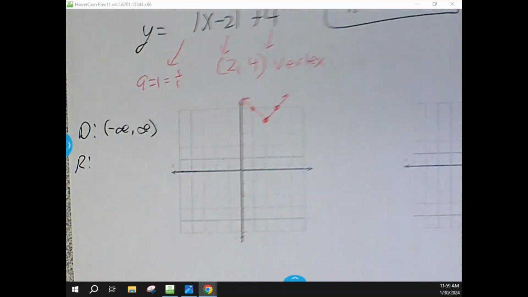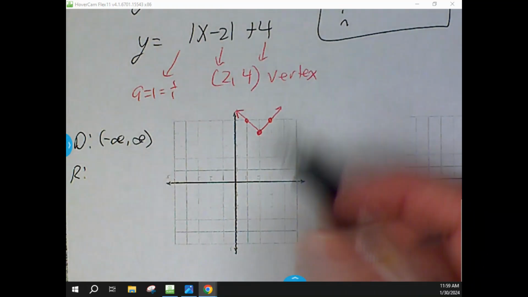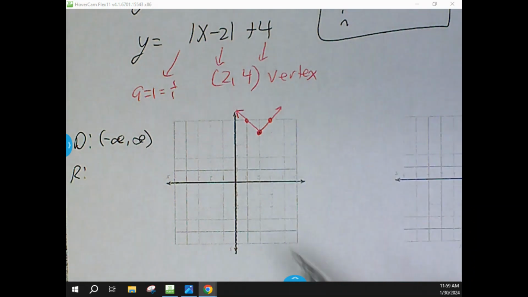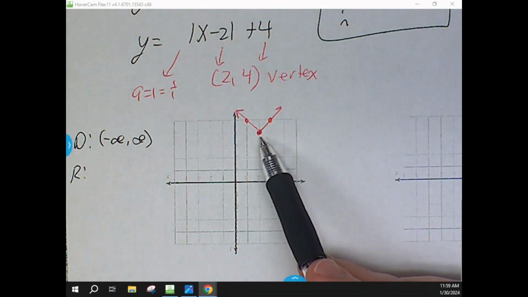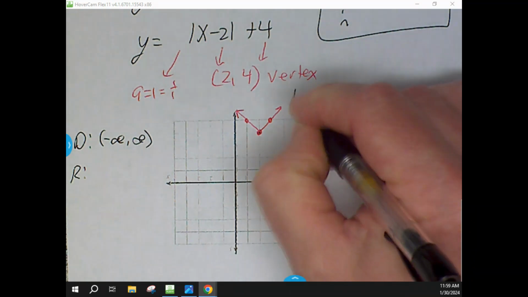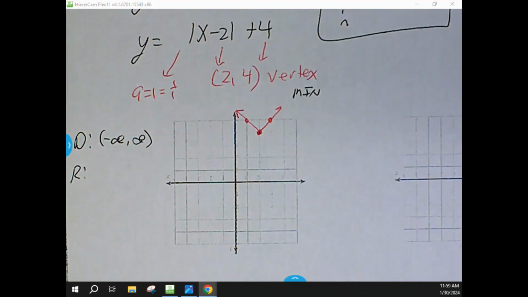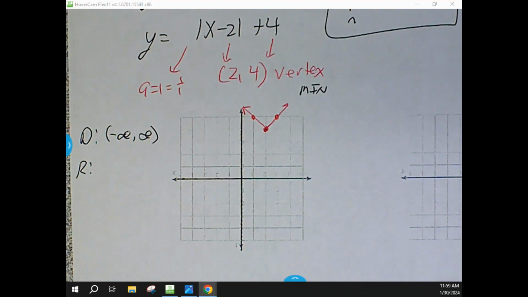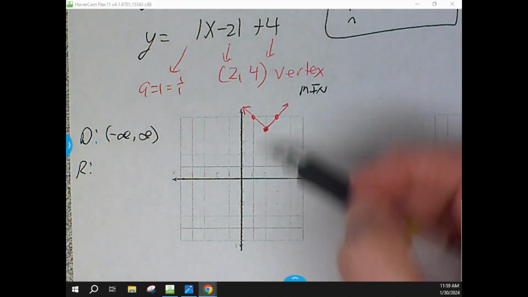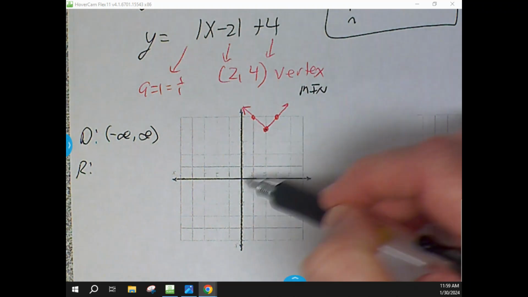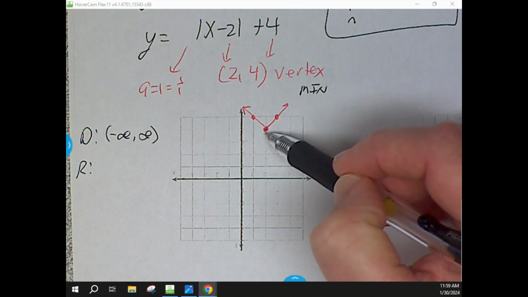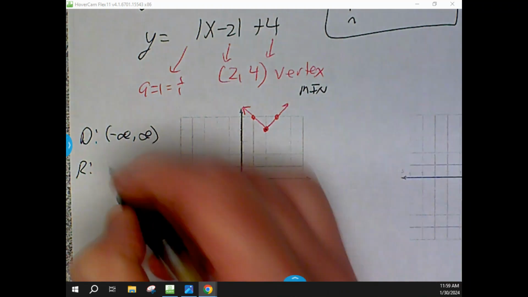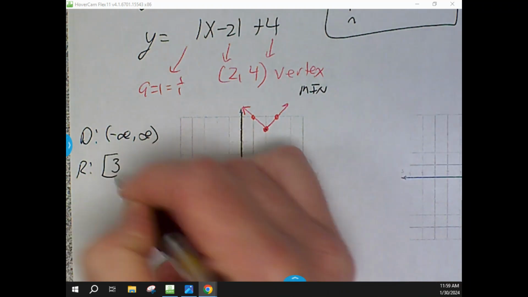Oh, let me go back to the last test question on this one too. All right, if this is our vertex right here, is that a maximum point or a minimum point? All right, so we know that's a minimum. So that's one good other thing to have there. Okay, so if that's the minimum, that's as low as we can go, and that point's at 2, 3, right? So if we're talking about range, that's a y value, so that's going to start at 3.